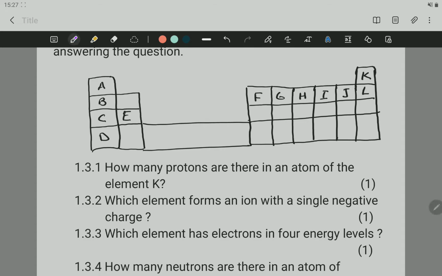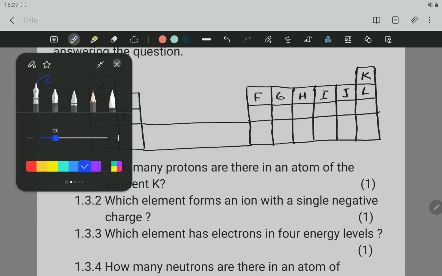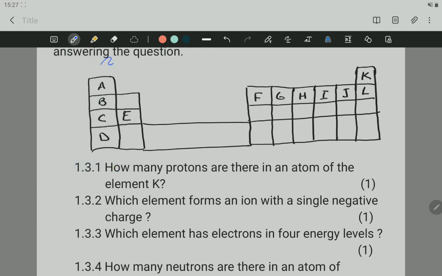So just for us to understand what part this is, this one will correspond to group 1, this one will correspond to group 2, then come the transition metals, all this area here. This is from group 3 to 12, then it is 13, 14, 15, 16, 17, and 18.